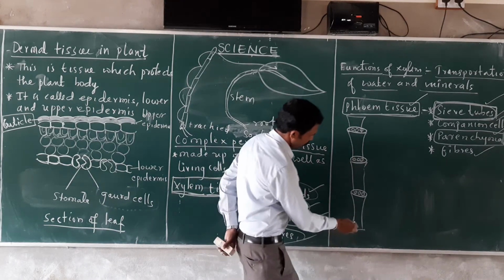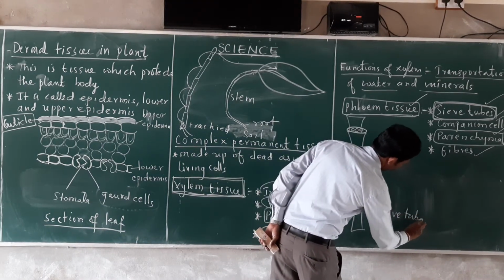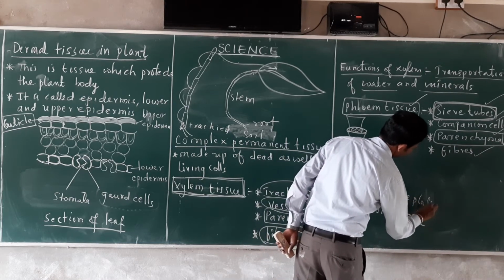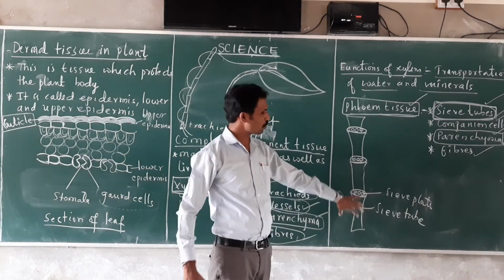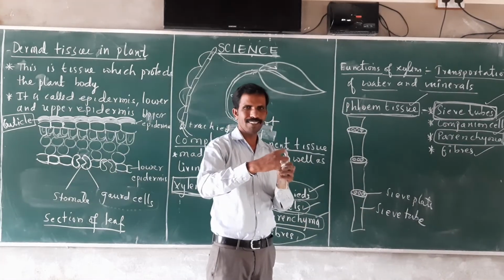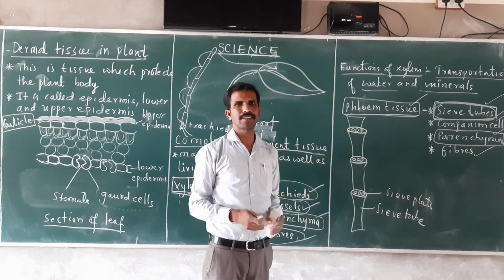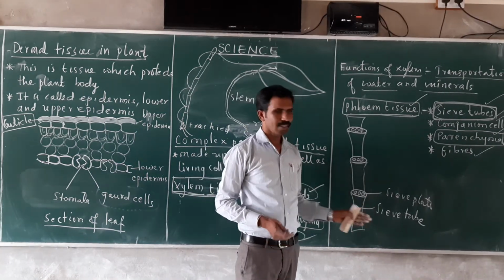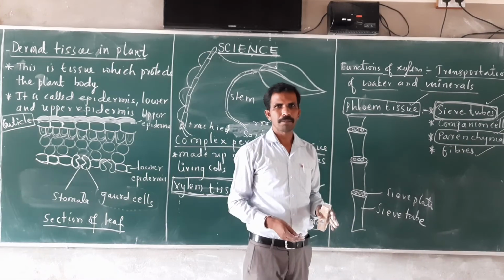See here, these are sieve tubes. These are sieve plates. So inside the phloem, the sieve tube cells are arranged like a tube, so that it will help to carry the food to different parts of the plant body.